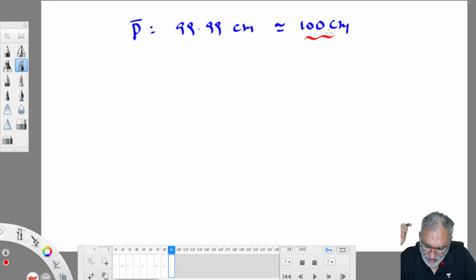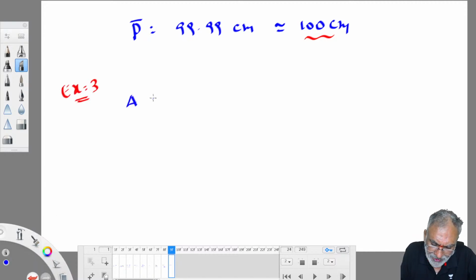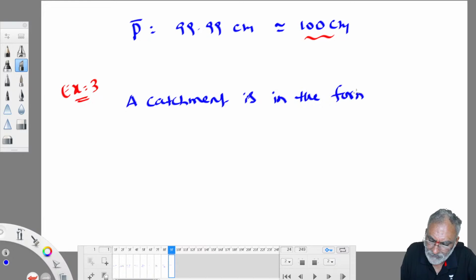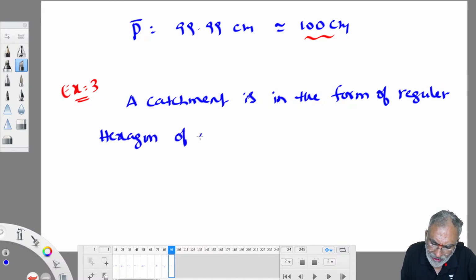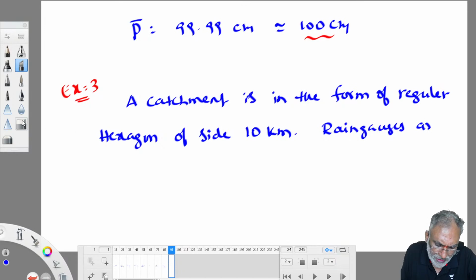So this is how we can work out. Let us try one more question. A catchment is in the form of a regular hexagon of side 10 kilometers. Rain gauges are located as shown in the figure.